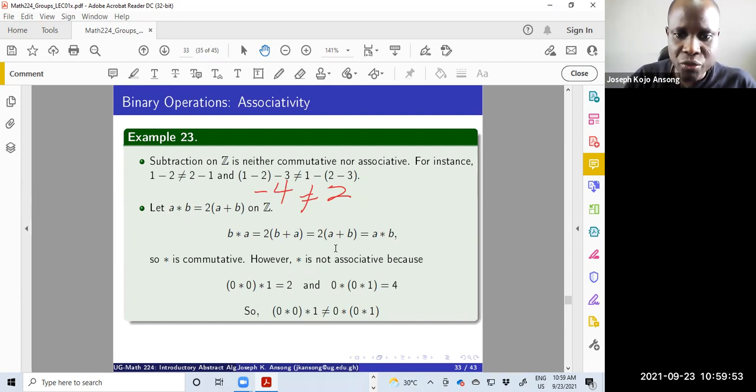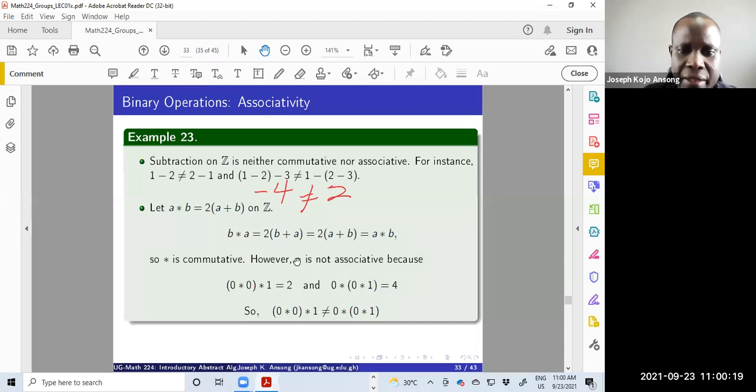So this is the same as 2 times (A plus B), and this whole thing here is the same as A star B. What it means is that A star B is equal to B star A. Therefore, this operation here under the set of integers is commutative. Okay, all right, good. So we have commutativity sorted out for this operation under this set.